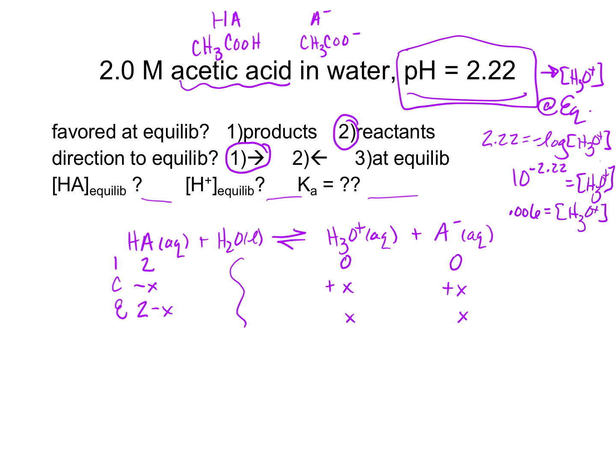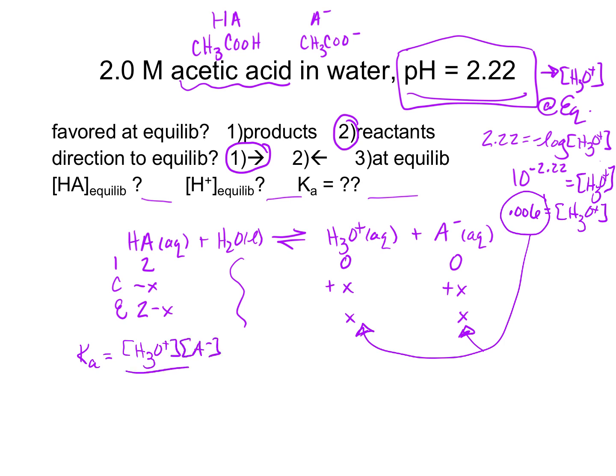So if that pH is measuring the H3O plus at equilibrium, that number is equal to x. If I'm equal to x, then I can solve for the Ka. My Ka expression here would be H3O plus times A minus all over HA.